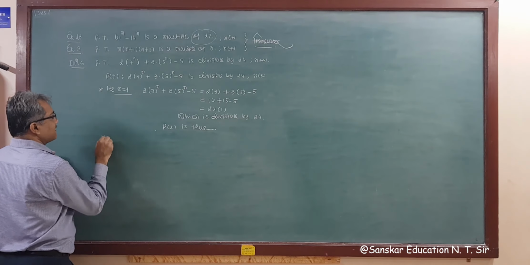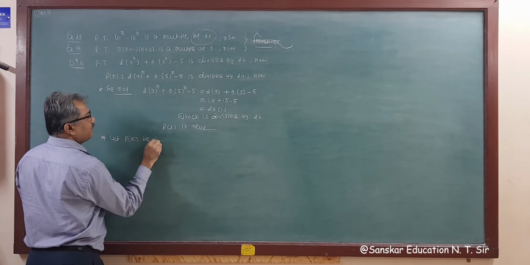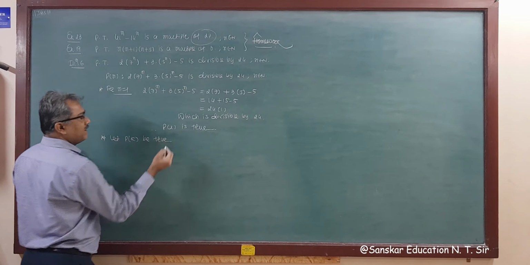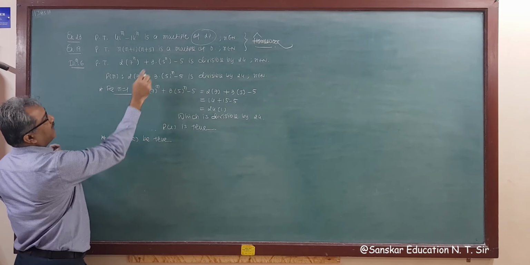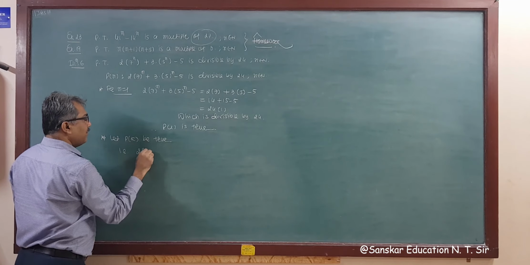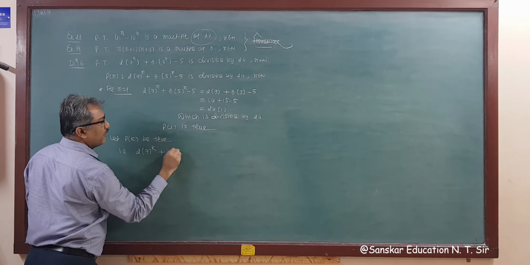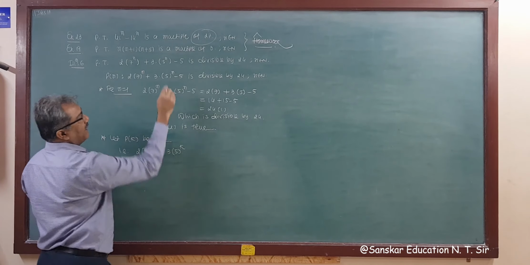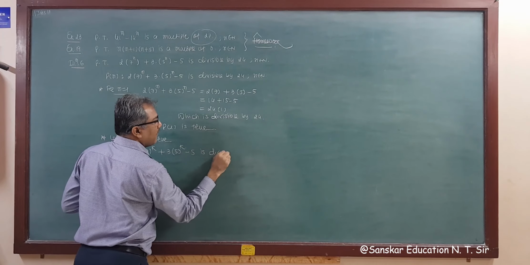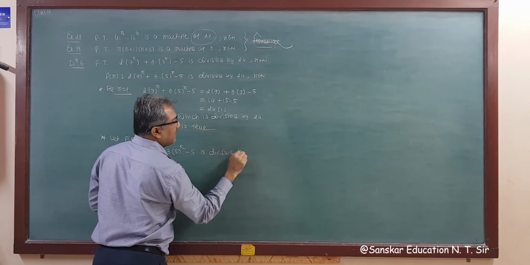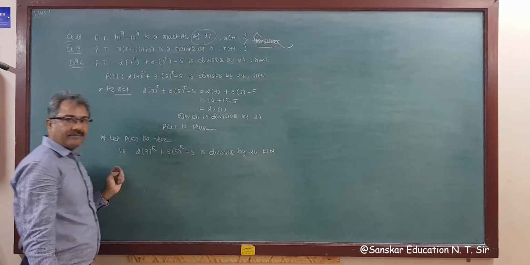So the next step is, let P(k) be true. That is, 2 into 7 raised to k plus 3 into 5 raised to k minus 5 is divisible by 24, k belongs to N, right?